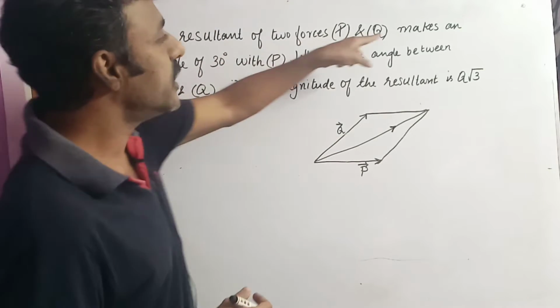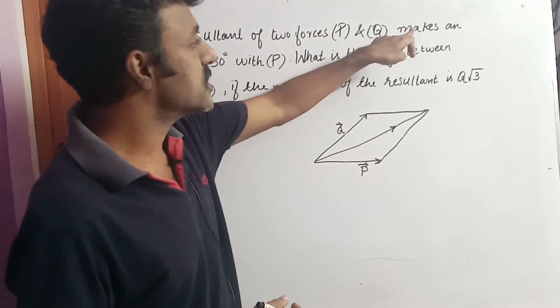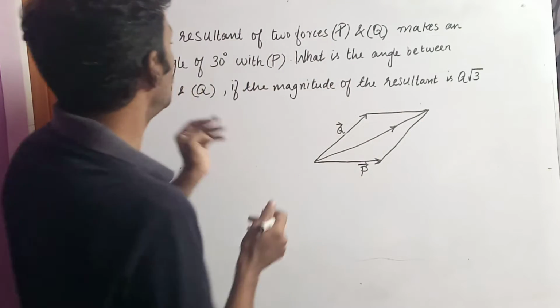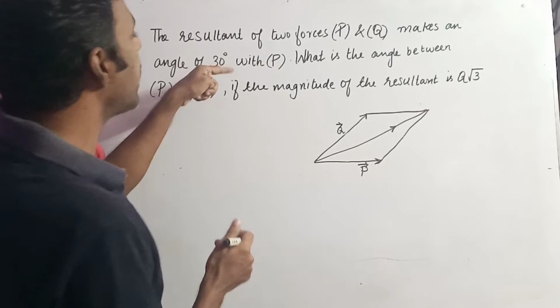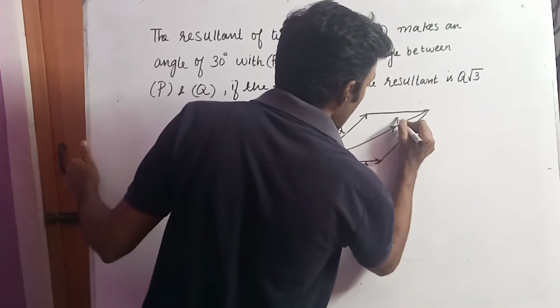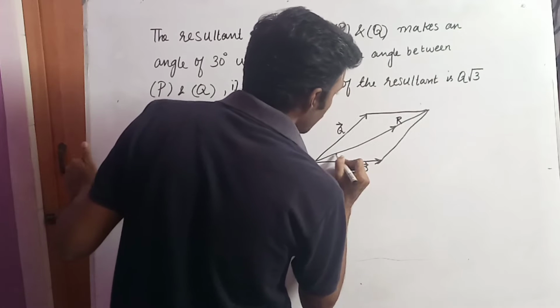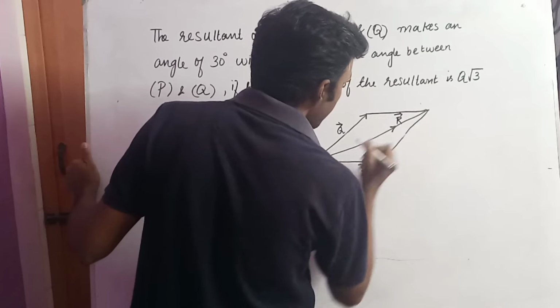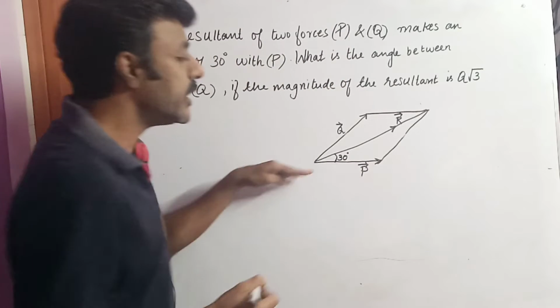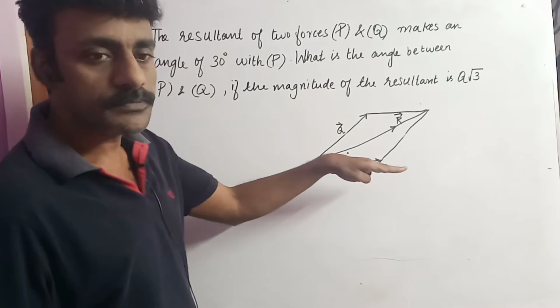And this resultant force, the resultant of two forces P and Q, is making an angle of 30 degree with P. So this resultant force, which is nothing but R, that is R vector, is making an angle of 30 degree with P vector.